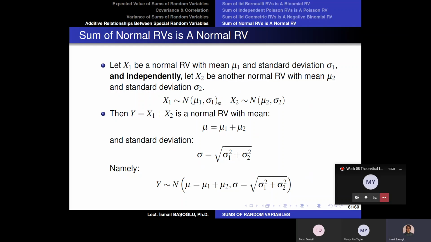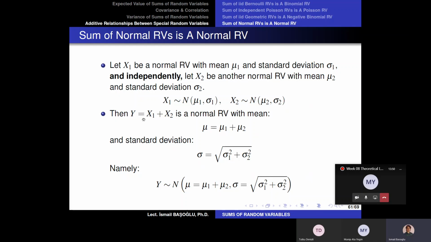In mathematical representation, we say that x1 is normally distributed with respective location and scale parameters mu1 and sigma 1, and x2 is also normally distributed with respective location and scale parameters mu2 and sigma 2. Now, these two random variables are independent, says the text.